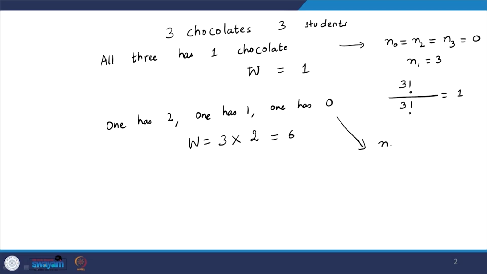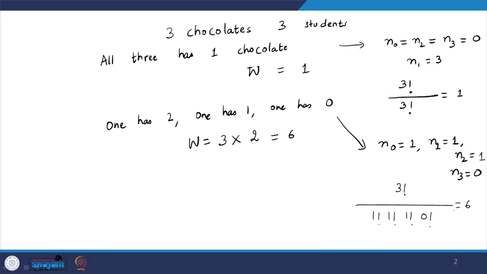In that case you will have n0 is equal to 1, n1 is equal to 1, n2 is also 1, and n3 is equal to 0, and so the answer will be 3 factorial by 1 factorial, 1 factorial, 1 factorial, 0 factorial, and that gives me 6 number of ways, right.